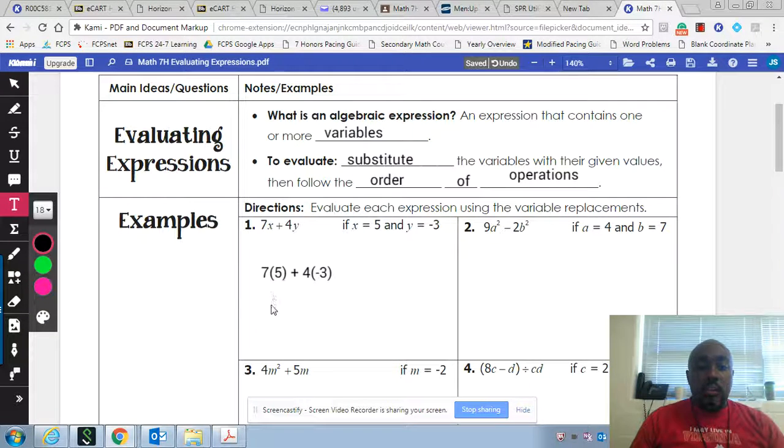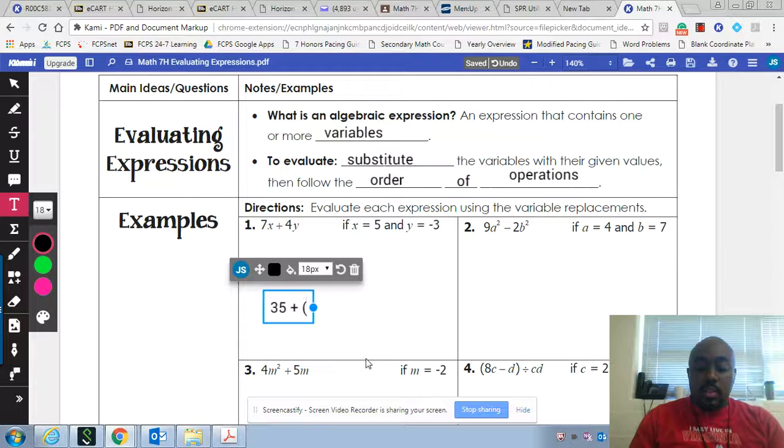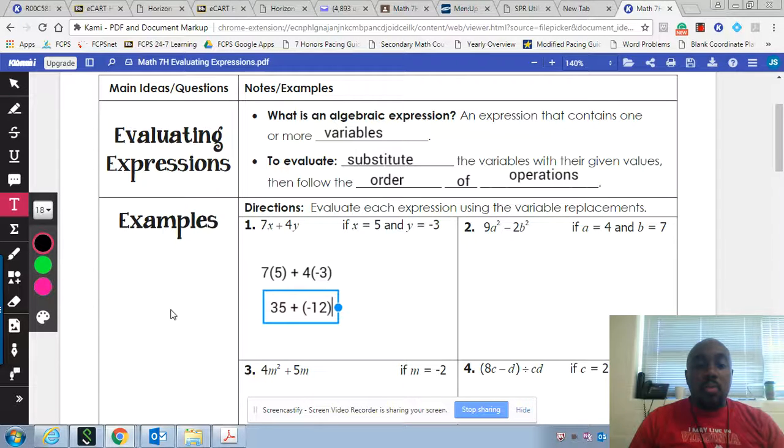We do our multiplication: 7 times 5 is 35, and 4 times negative 3 is negative 12. Remember, a positive times a negative always equals a negative.